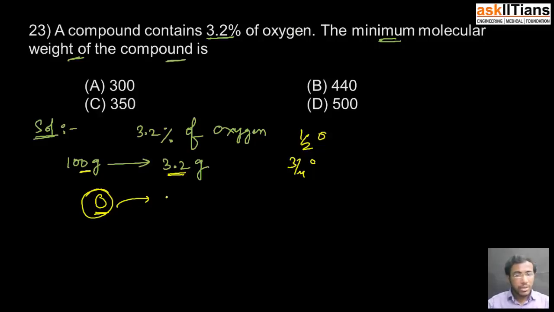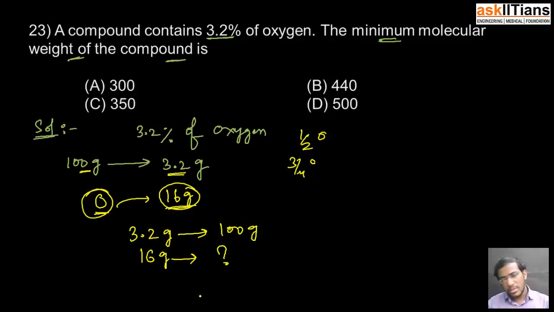So what is the mass of one atom of oxygen? It is 16 grams, right? So 3.2 grams is present in 100 grams of the compound. So 16 grams will be present in how many grams? This gives the minimum molecular weight, containing one oxygen.